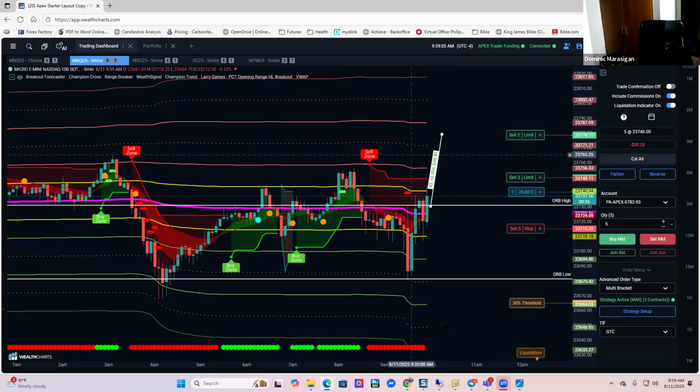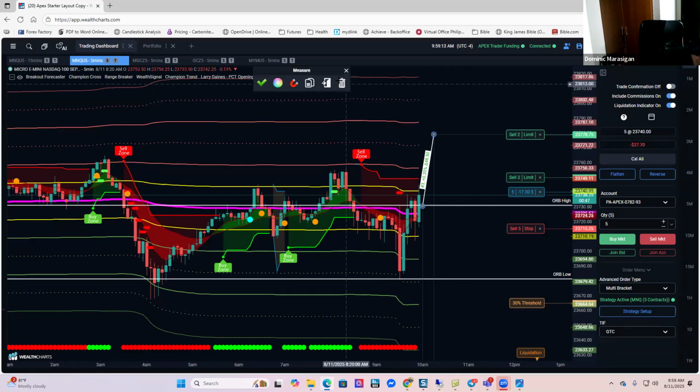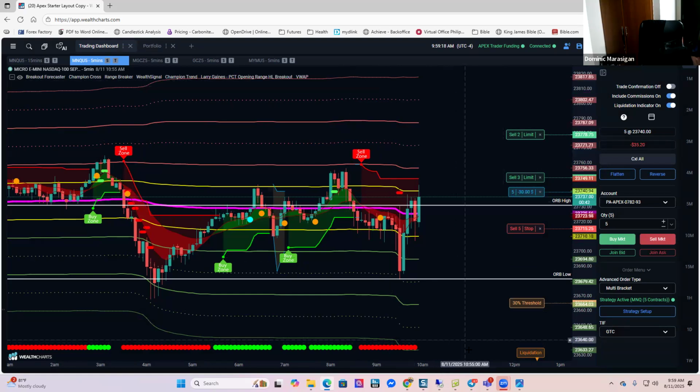Right there, if it does get up there. I'm just having a hard time getting past this yellow line, because that's, again, strong resistance there. We finally got past it.